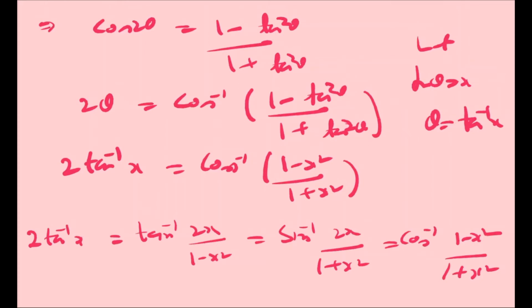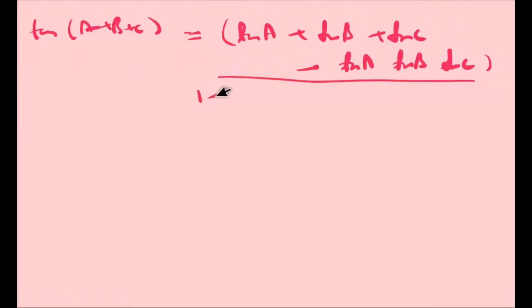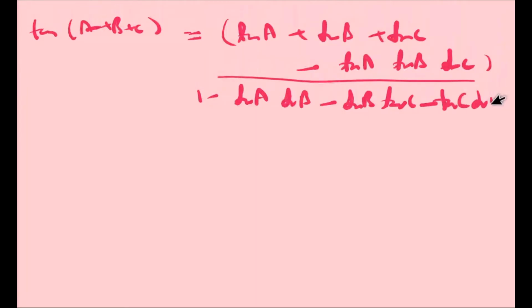Now student, I am talking about more formulas. Now you know the formula tan(a + b + c). What is the formula of tan(a + b + c)? That is (tan a + tan b + tan c minus tan a tan b tan c) upon (1 minus tan a tan b minus tan b tan c minus tan c tan a).